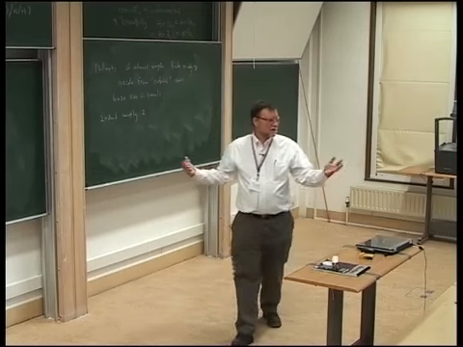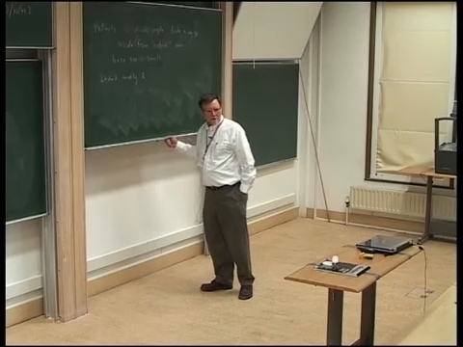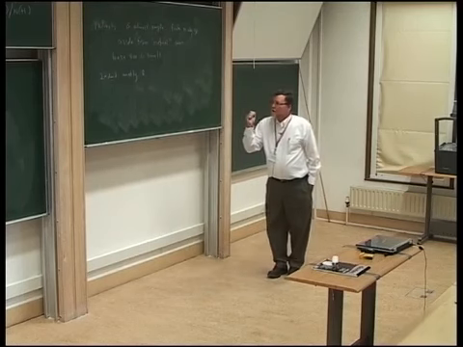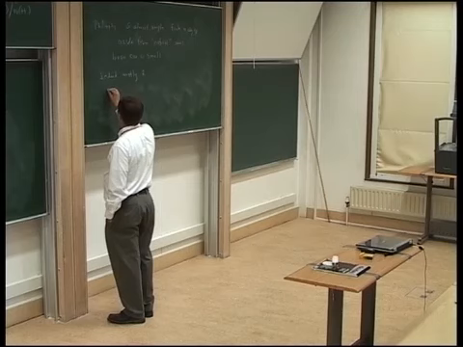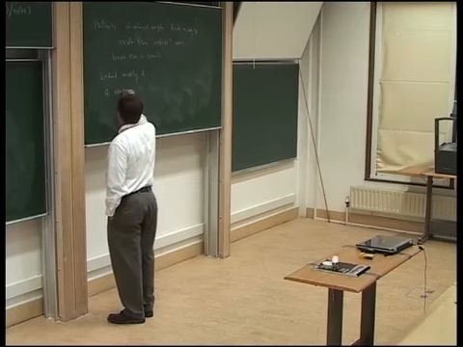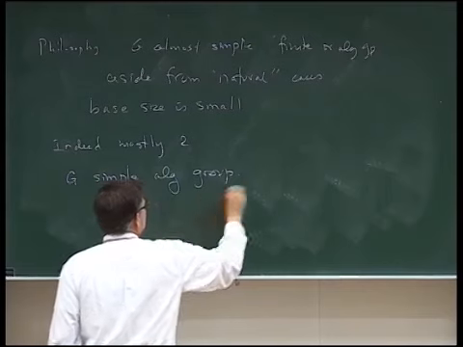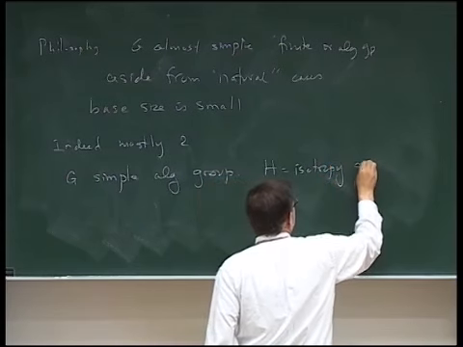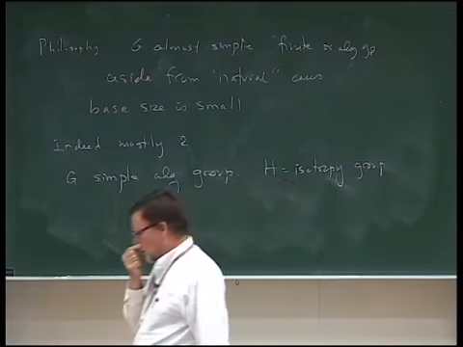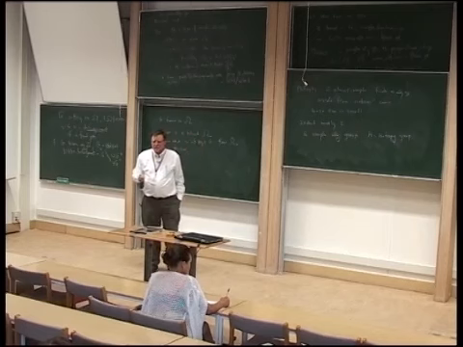But let me just say what happens in the algebraic group case and how is it related to the finite group case? So in the algebraic group case, it's actually a bit easier. If G is a simple algebraic group and H is the isotropy group, then it turns out that there's a slightly stronger notion of base size.